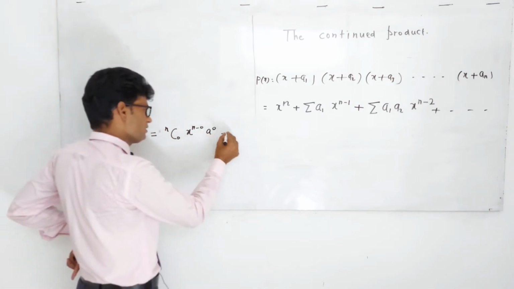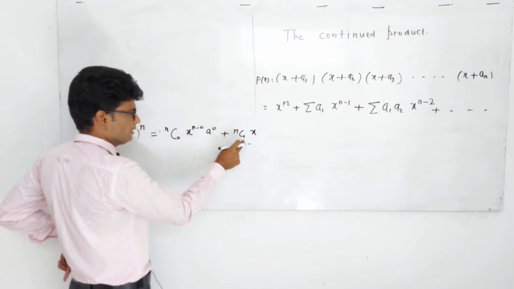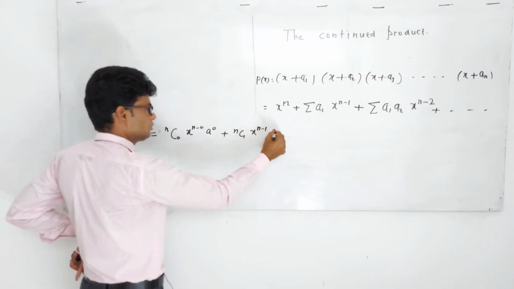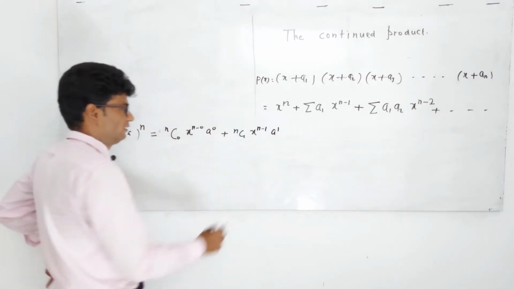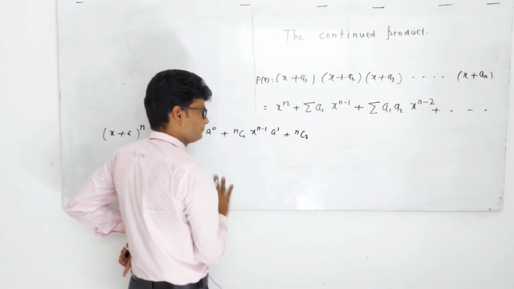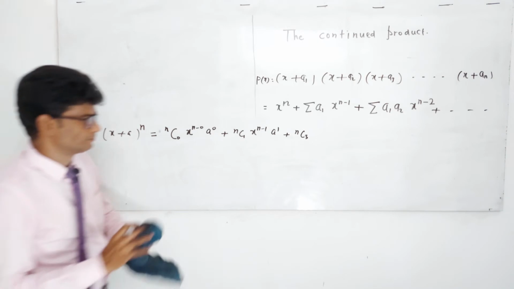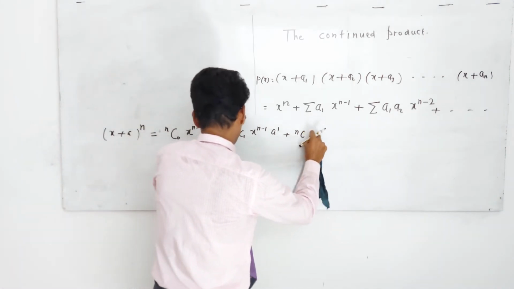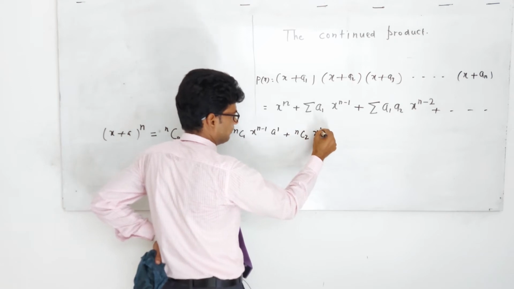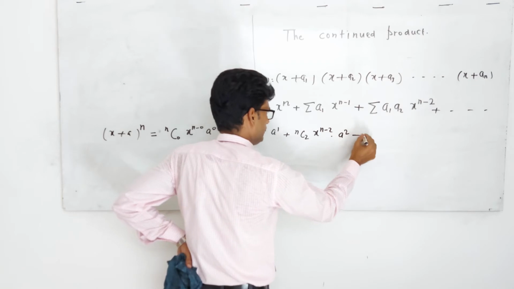Now the second term is nC1 x to the power of n minus 1, look at here, n minus 1, and a to the power of 1. And the third term is nC2 x to the power of n minus 2, a squared, and so on and so forth.